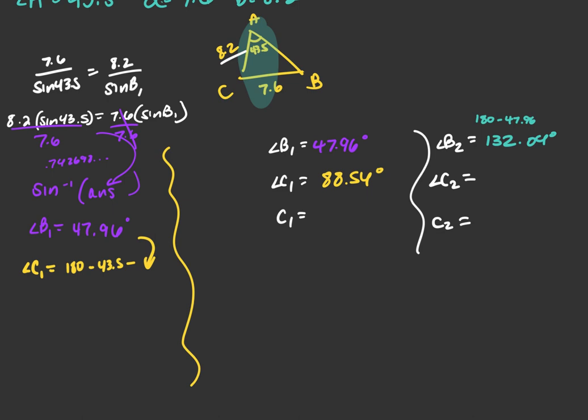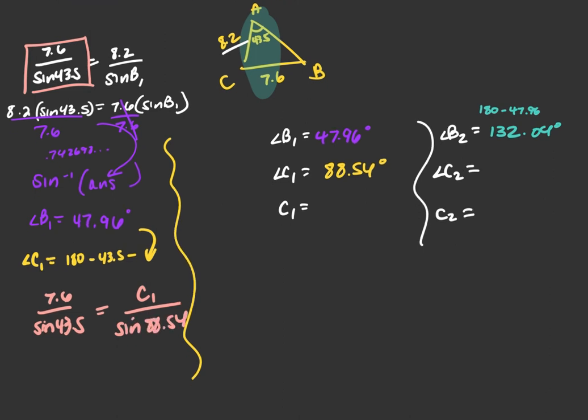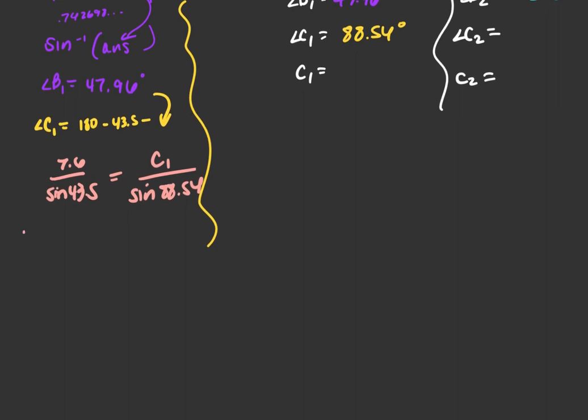And then for the last side in the first triangle, I would still use the A's that were originally given to me because those are 100% accurate, not rounded. 7.6 over the sine of 43.5 would equal side B1 over the sine of 88.54. Cross multiply and divide.